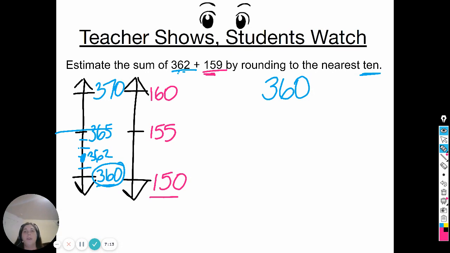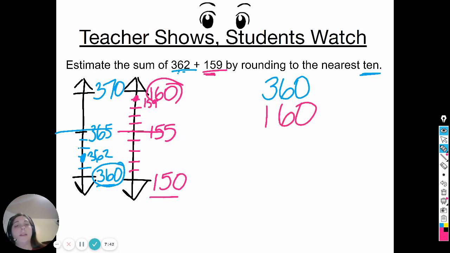Now I just need to find 159. 150, 151, 152, 153, 154, 155, 156, 157, 158, 159, all the way up there towards the top. Plot my point. I see it's above halfway, which means I round up to my top number, which is 160.